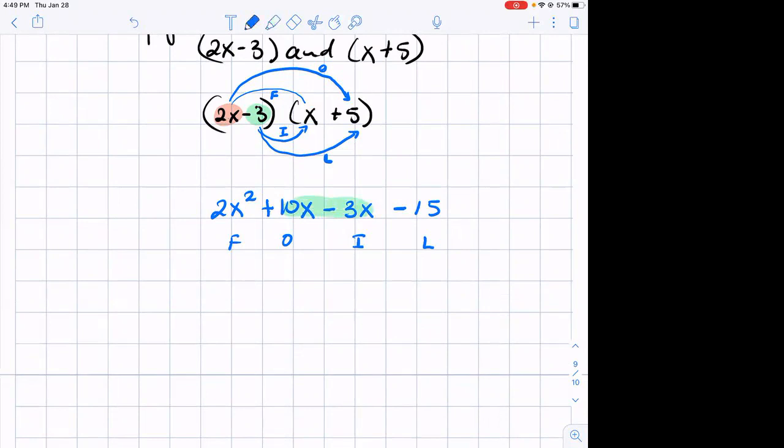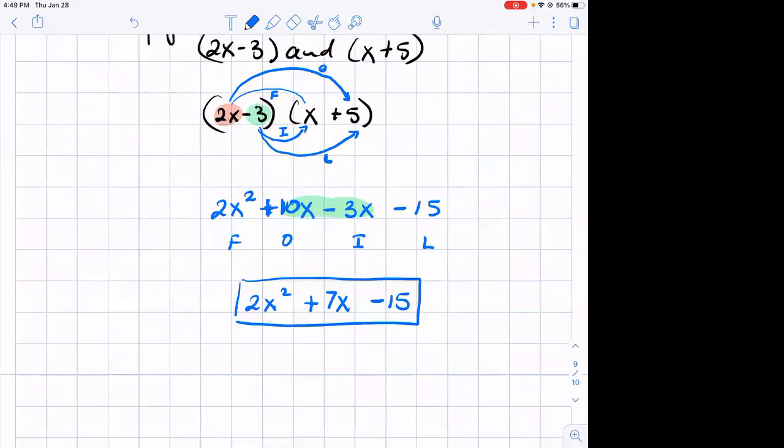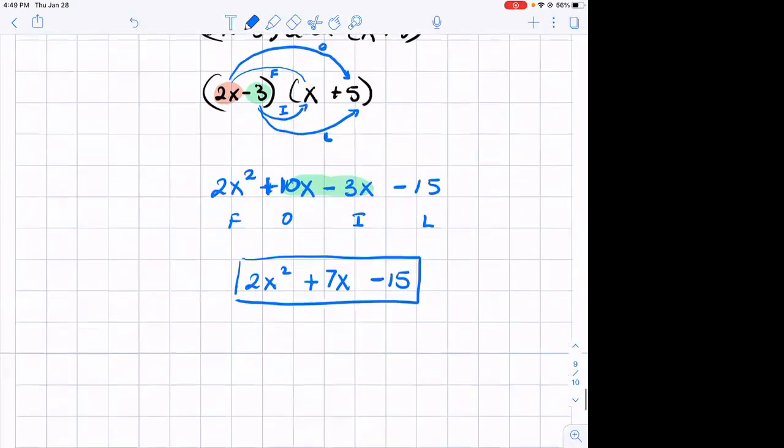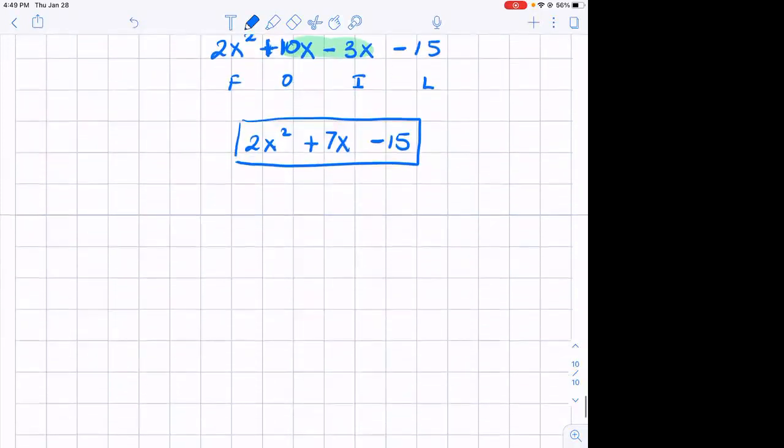So I could rewrite this as 2x squared plus 10x minus 3x becomes plus 7x minus 15. And here is our trinomial known as a quadratic. Hey, we have another quadratic. Yeah? We have another quadratic.